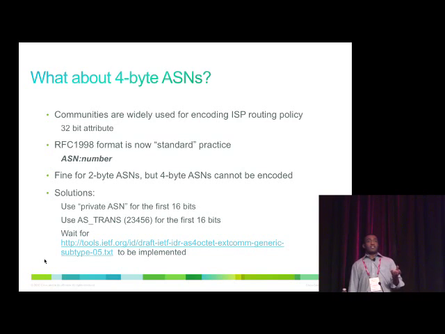Community is just a 32-bit entity, so you cannot split it into two different values. Some just continue with some predefined value as it is. Others have started using 23456 as the ASN number, and others are waiting for the 4-octet extended community generic draft to be implemented.